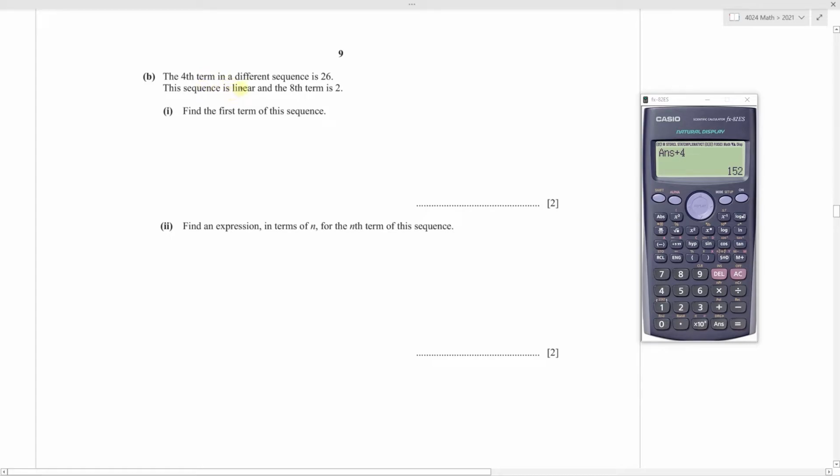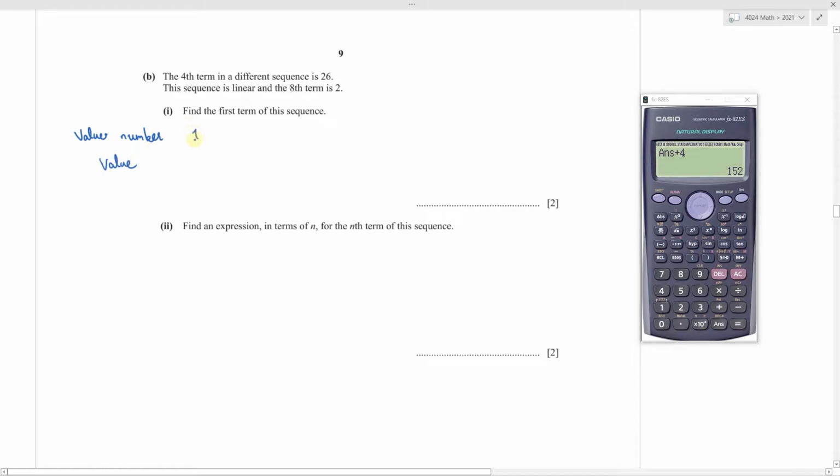The fourth term in a different sequence is 26. This sequence is linear and the eighth term is 2. Find the first term of this sequence. So you have a sequence, let's call it term number and the actual value.